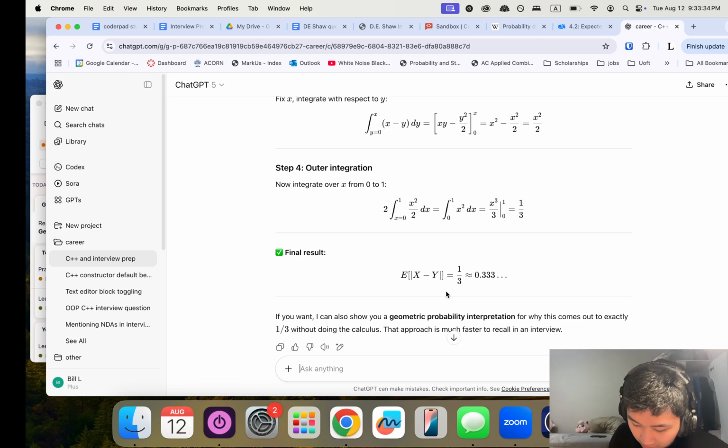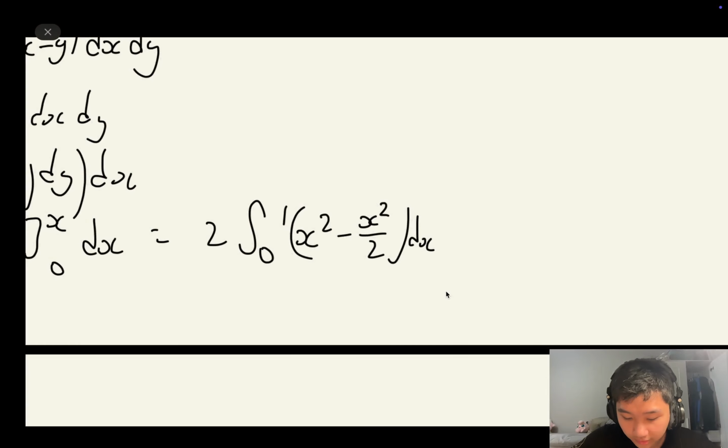That's such a stupid mistake. Just forgot to integrate. Okay. Sure. Whatever. Go back to this step.